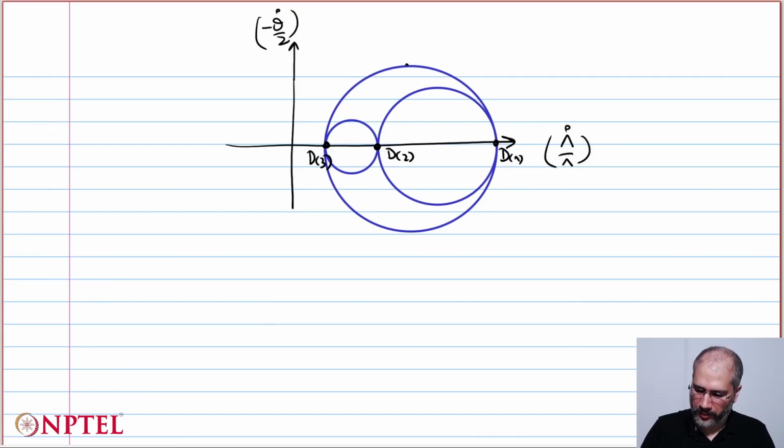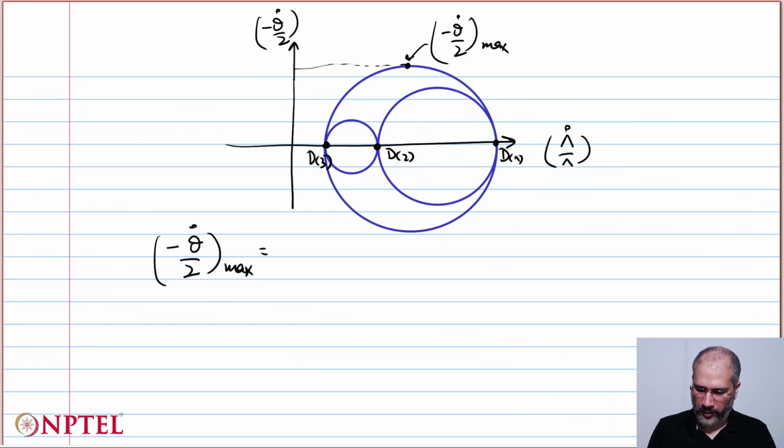And this point here corresponds to the maximum value of minus theta dot upon 2. And this is exactly what we had to find in this case. So we can write minus theta dot upon 2 maximum is the radius of this largest circle, which basically is d1 minus d3 upon 2.